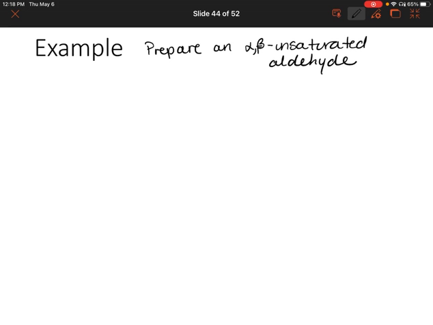Once we have our alpha beta unsaturated aldehyde, then we're going to show how it would react with two different reagents, a strong nucleophile and then a weak nucleophile. So see if you can remember how to prepare that alpha beta unsaturated aldehyde. And remember, it has to do with aldol condensation. Feel free to pause the video, and when you're done, we'll go over it together.